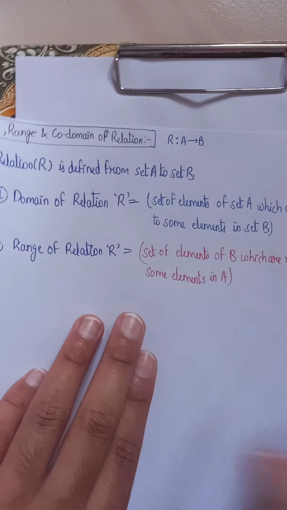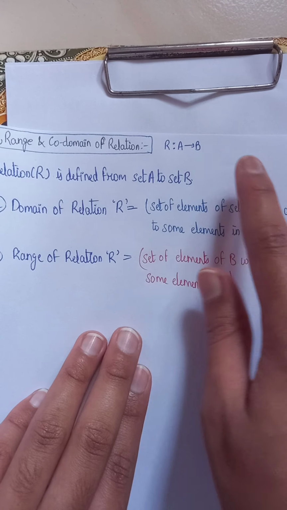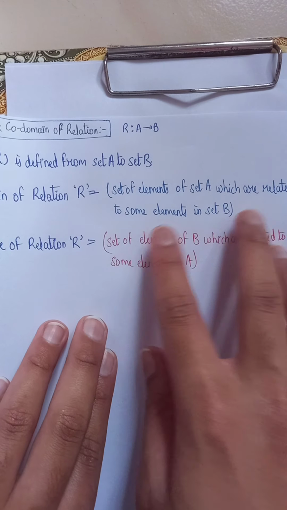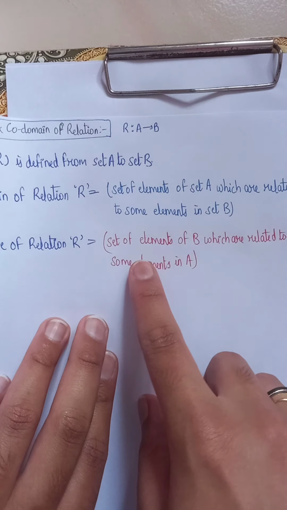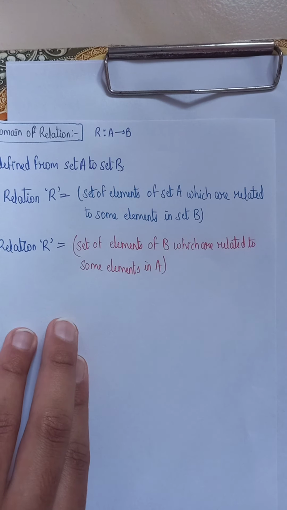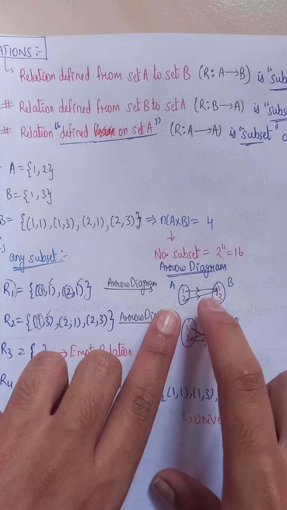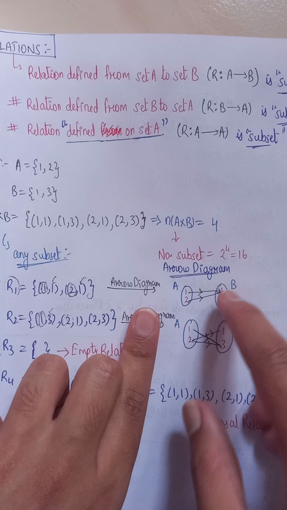It's just like this case. Since the relation is defined from A to B, for the domain we take the elements which are related from A to B. Let's take the previous example. When we asked about the domain, we were checking the A part. When we ask about the range, we check this part.